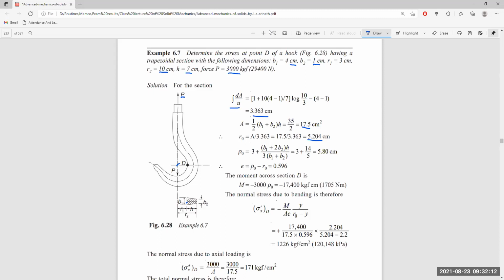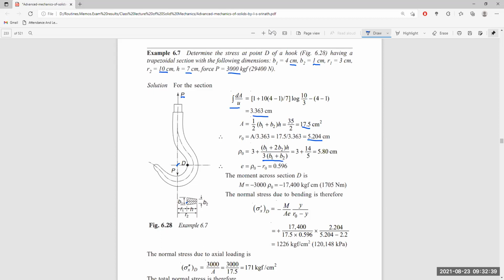If we put the values of B1 and B2, which are 4 and 1 centimeter respectively, and H, which is 7 centimeter, then we have the value of rho 0, which is equal to 5.803.